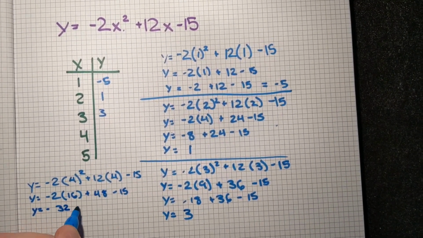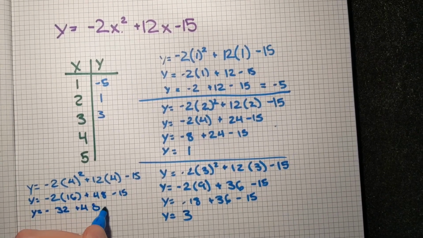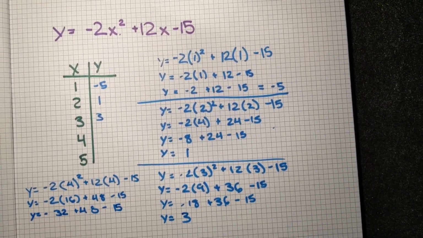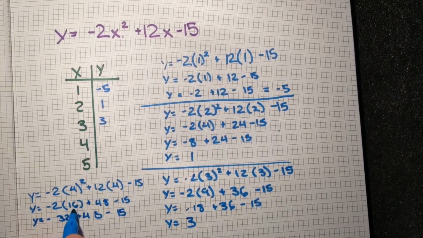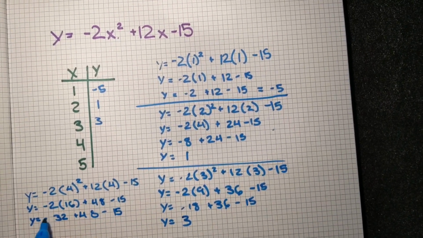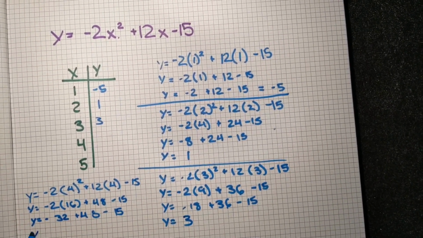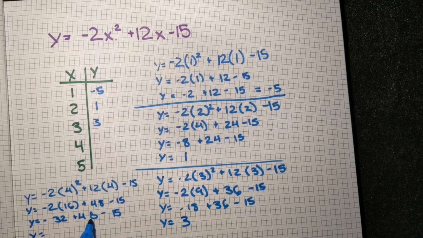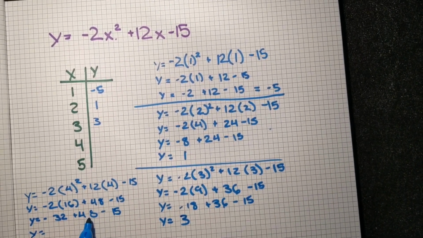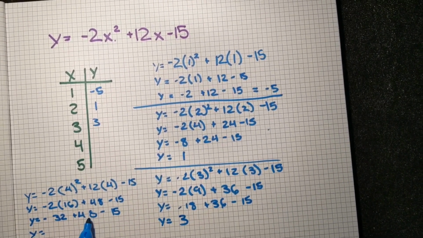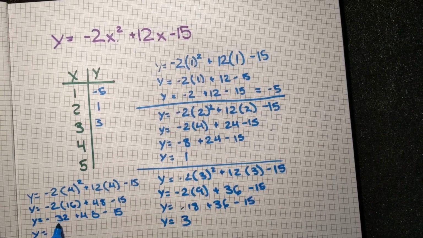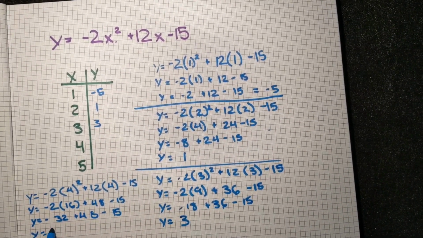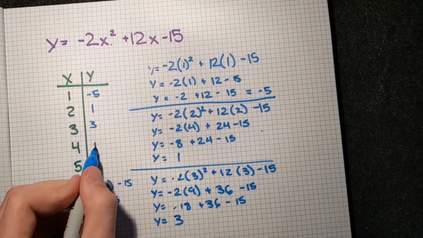Negative 32 plus 48 minus 15. So square the 4 to get 16, multiply those together. So y equals negative 32 plus 48 is positive 16, minus 15 is 1. So again, we get 1.